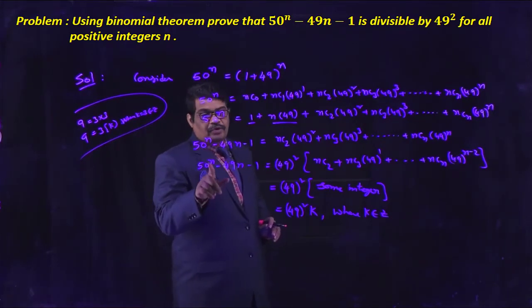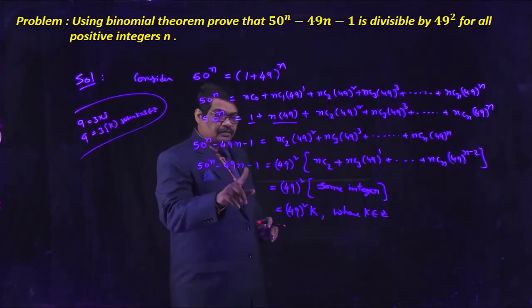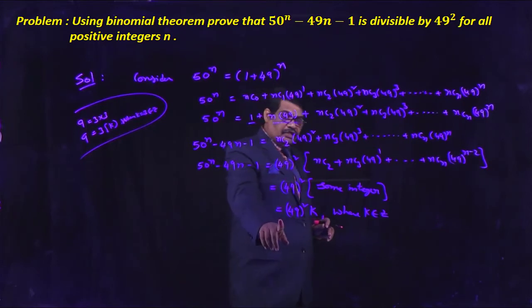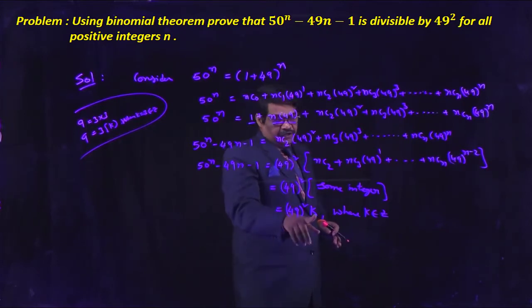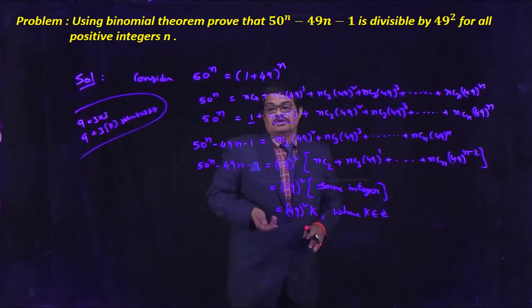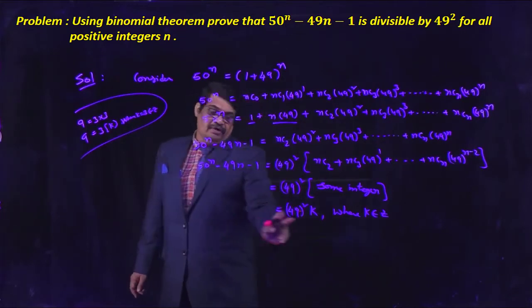So 50 to the power of n minus 49n minus 1 is equal to 49 square into some integer. Therefore this number is divisible by 49 square.